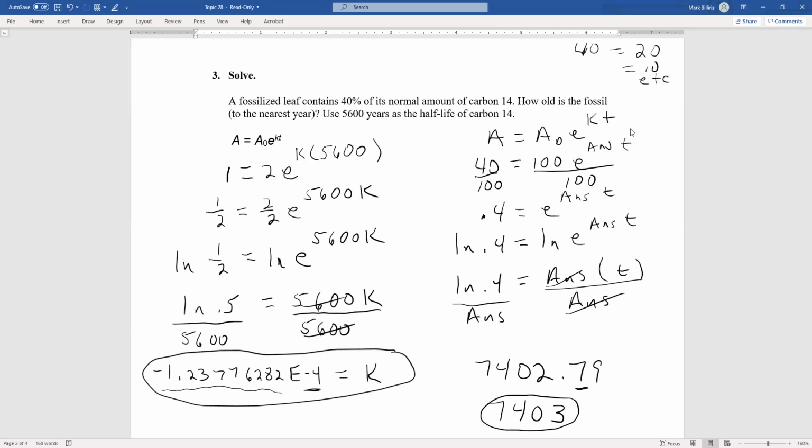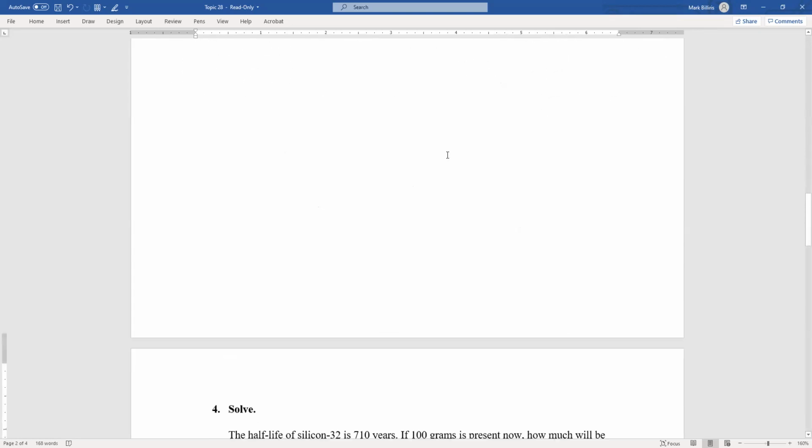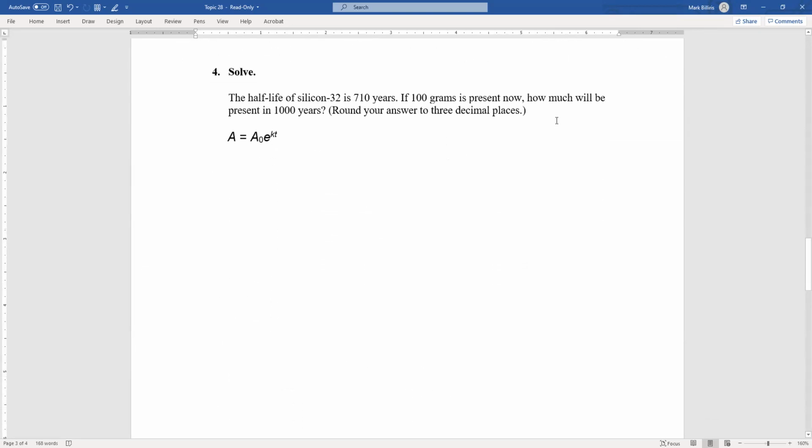Okay, so we are going to have to find that K first. And we're going to go through a similar problem with the next example. So here it's telling us to solve: the half-life of silicon 32 is 710 years.